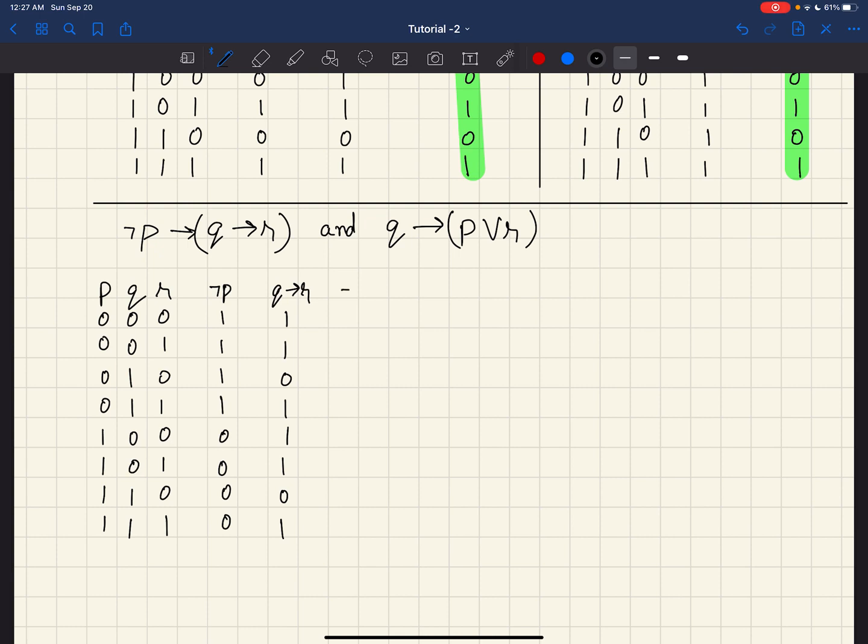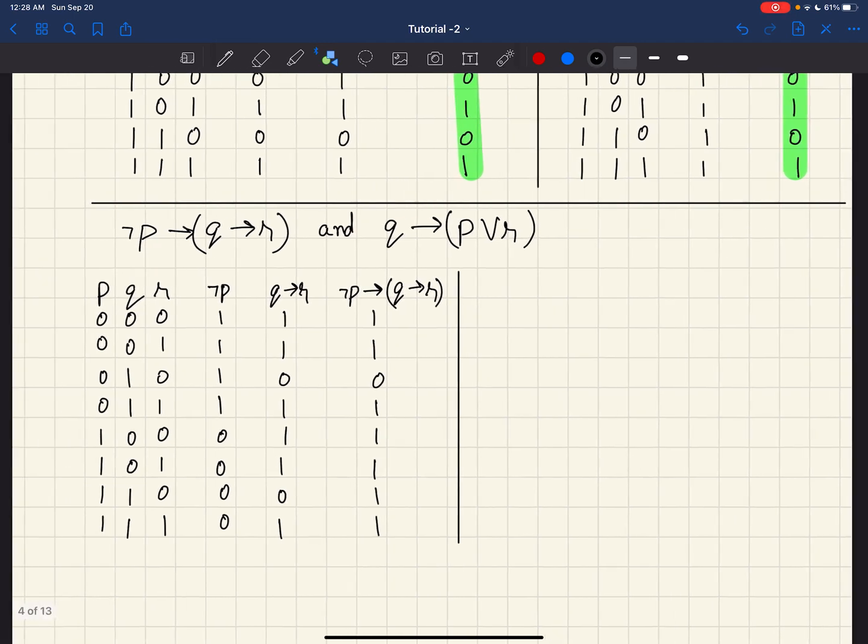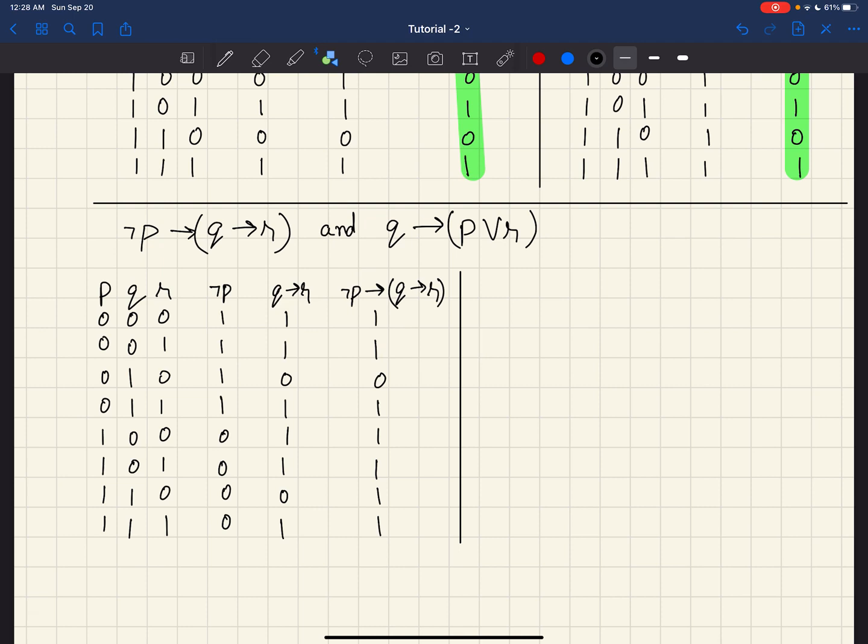Now we need not P implies (Q implies R). So this gives us 1, 1, 0. Now we have the truth table for the first statement. Let's build one for the second.